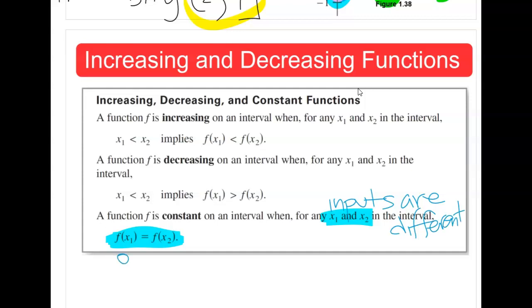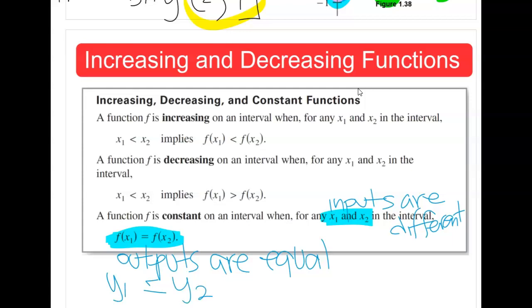But the outputs are equal. This is the same as saying that the y values, like y sub 1, is equal to y sub 2. So that happens also graphically when you have a constant function, which is y equals a number. Let's call it 3, for example.